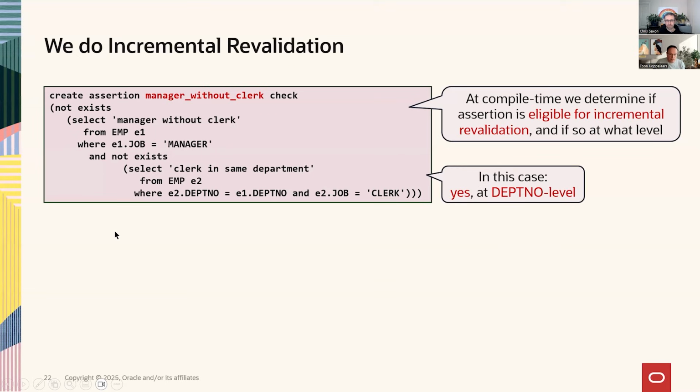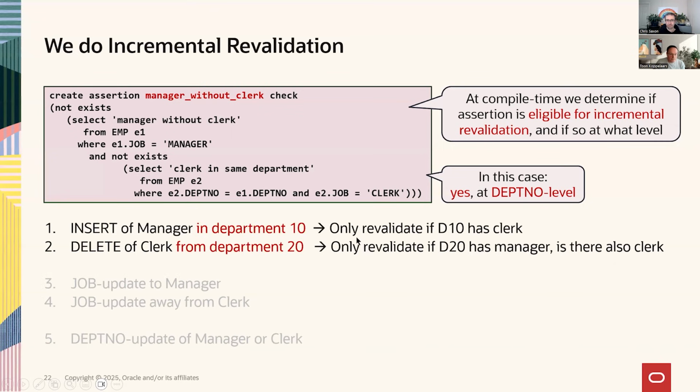We can do this at the department number level, which means that if you insert a manager in department 10, we only need to revalidate if there's a clerk in 10, because all the other departments will still be valid. If yes, we allow your insert. If no, we give the Oracle error.